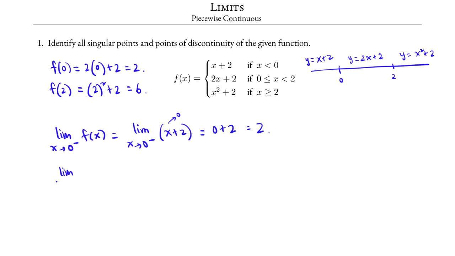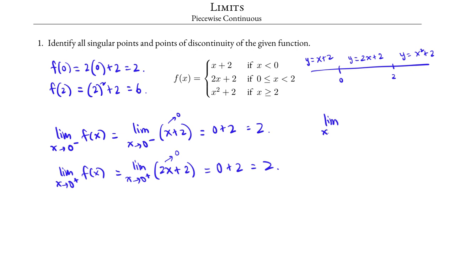Next, the limit as x goes to 0 from the right-hand side of f of x: immediately on the right-hand side of 0, the formula that we would need to use is 2x plus 2. As x goes to 0, 2 times 0 would go to 0. So we end up with 0 plus 2, which is 2.